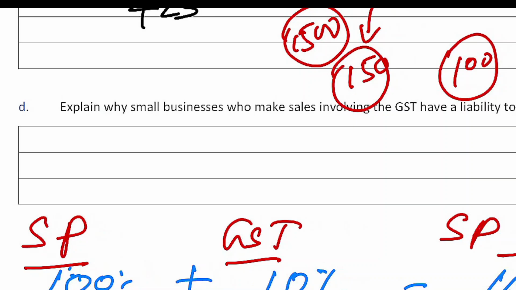As the selling price should be greater than purchases and expenses, it will create a GST liability for the ATO.